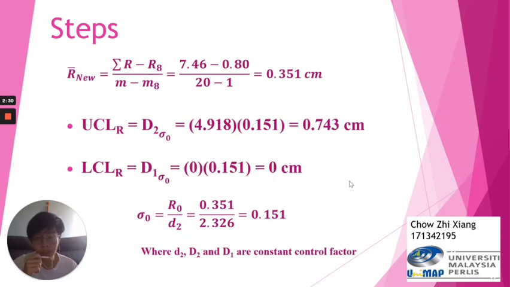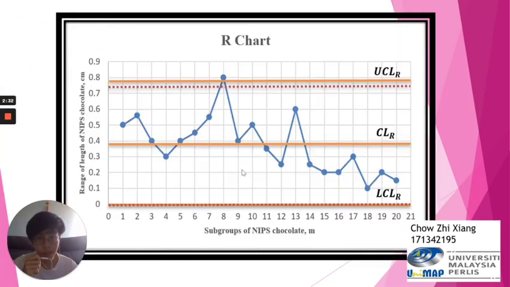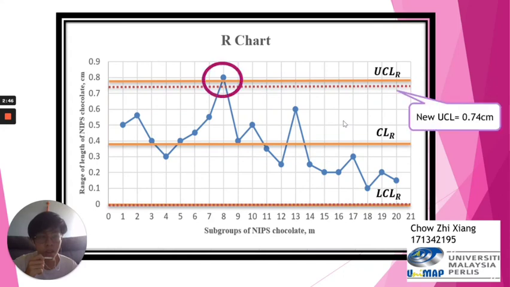So now we'll be plotting a new graph. This is our new R chart graph. Actually this is the original one, but the red dotted line here signifies the new control limit.